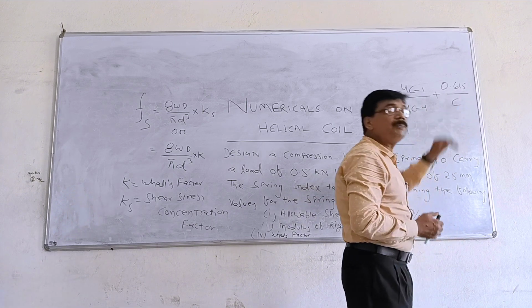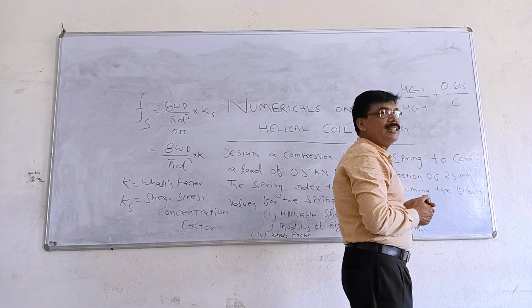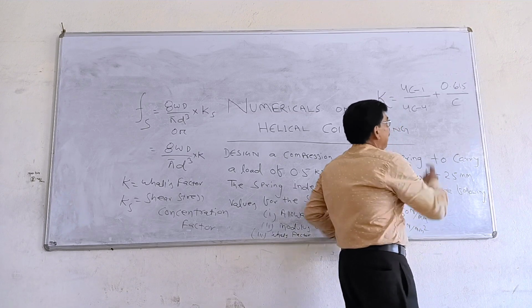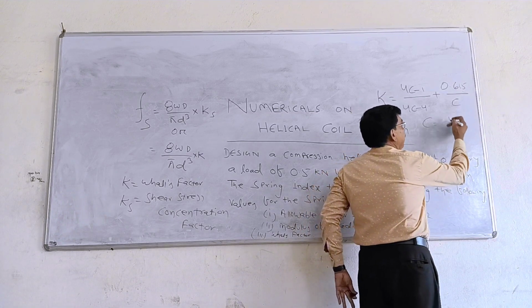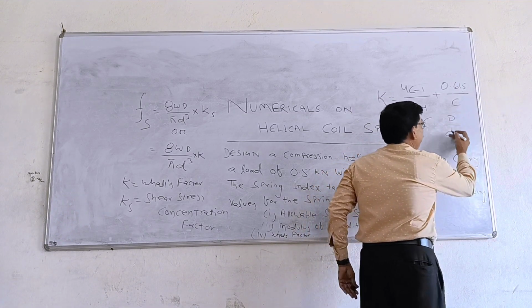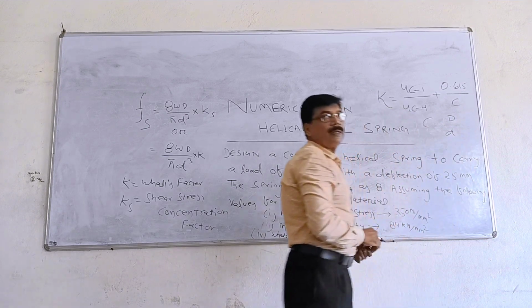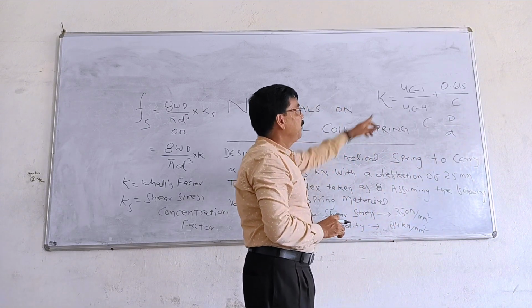That C is the spring index, and the C value is capital D by small d. This is the formula for K.